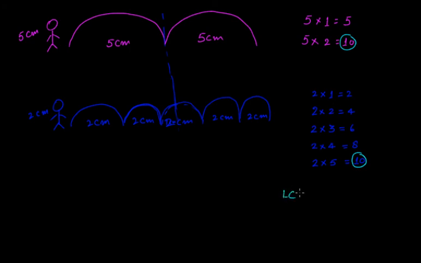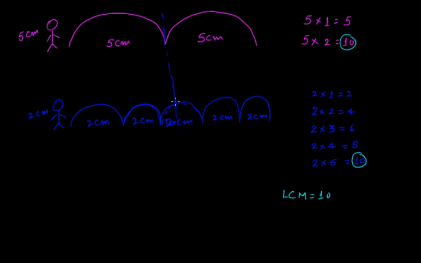LCM of 5 and 2 is 10, and this is exactly the minimum or least distance covered by these two persons by taking complete steps, right? This is the minimum or least distance that these two can cover. You can clearly see that there is no other minimum distance possible other than 10 which is common for these two, right?